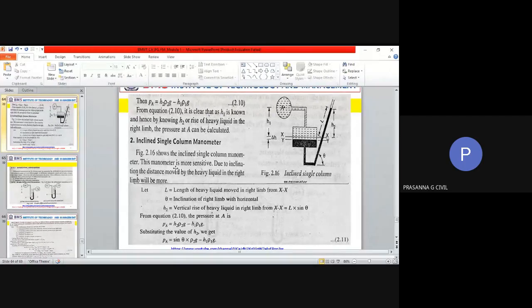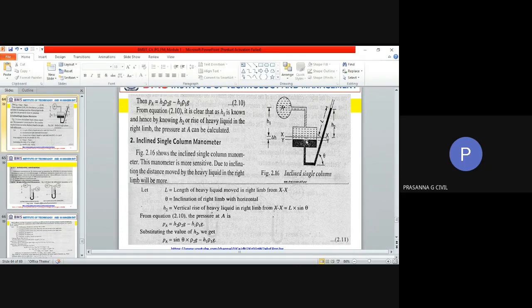This manometer is very sensitive. Due to the inclination, the distance moved by the heavy fluid in the right leg will be more. Okay. Same condition. X datum, from X we are dropping the manometer because of the pressure of fluid here.